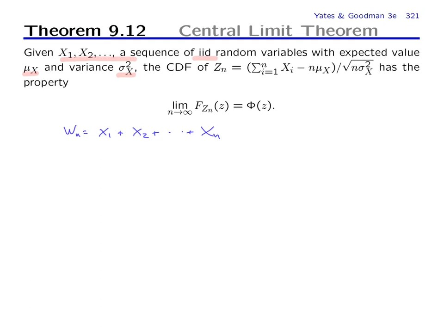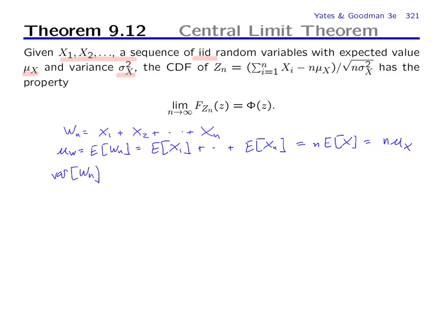In particular, we know that W_n has expected value which is the sum of the expected values of the xi's. And since they're all the same, it's n times E[x], or n times mu_x. And similarly, we know that the variance of W_n, because the xi's are independent, is the sum of the variances.